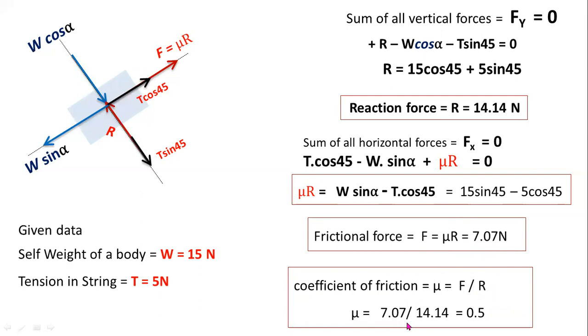Mu equal to 7.07 divided by 14.14 equal to 0.5. Already we know that there are no units for coefficient of friction. This is the final answer for this problem.